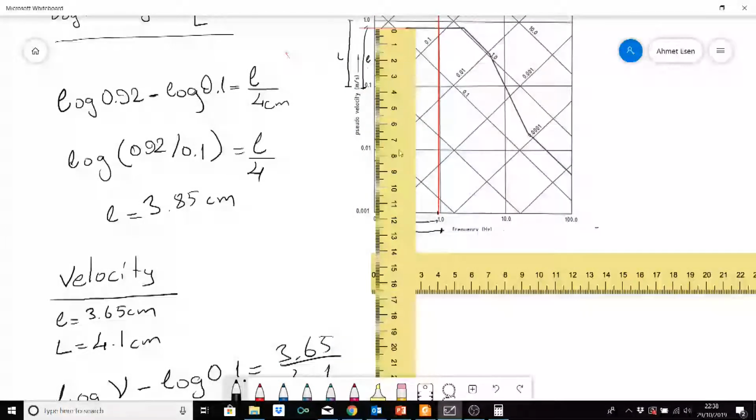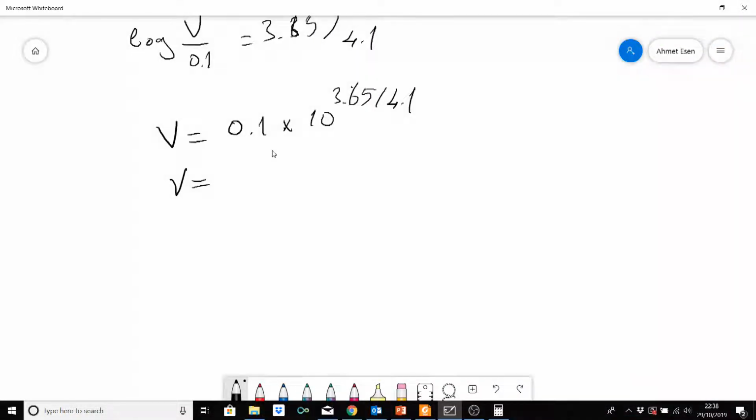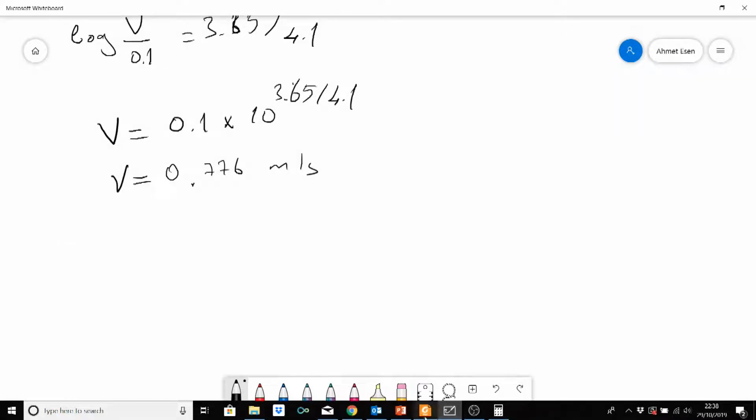So the unit is meter per second. So our v is equal to 0.776 meter per second. And in the handouts, I think the value was, let me see. Yeah, I think last year they found 0.75 meter per second, which is quite accurate.